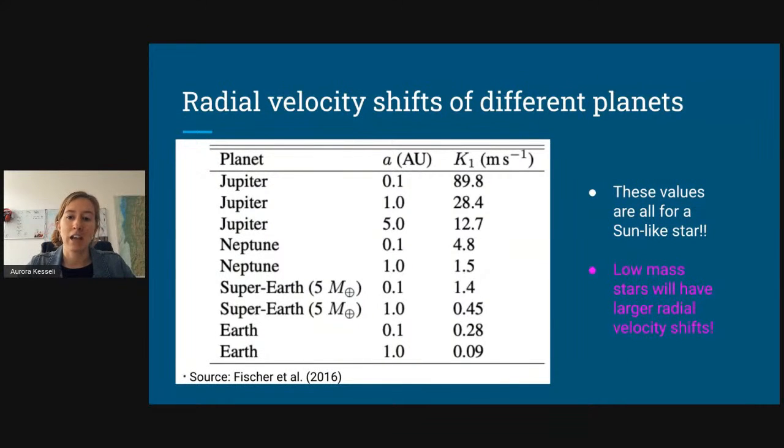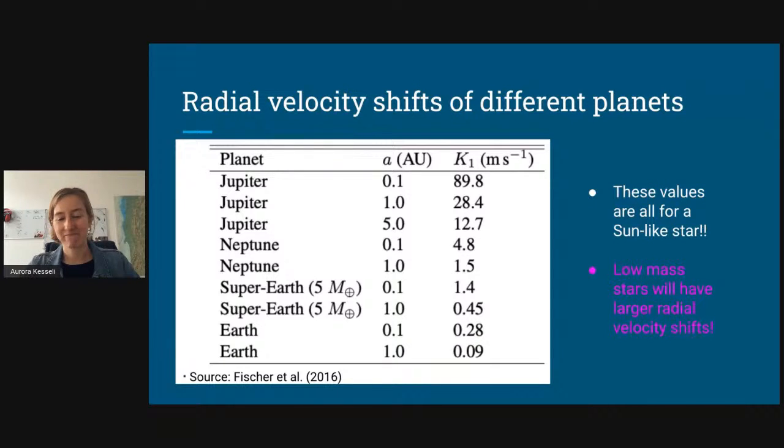And so oftentimes you'll hear people say we need to be able to measure 10 centimeters per second radial velocity shifts. And this is really small: centimeters per second radial velocity shifts on stars that are not our sun. Even just thinking about it, it seems really, really difficult. Basically impossible.